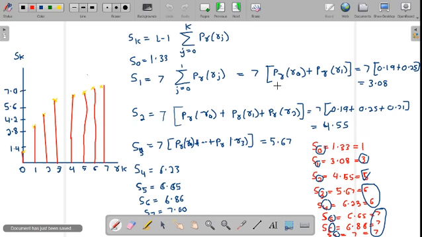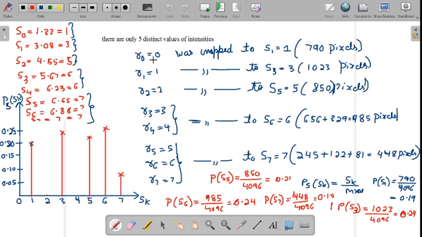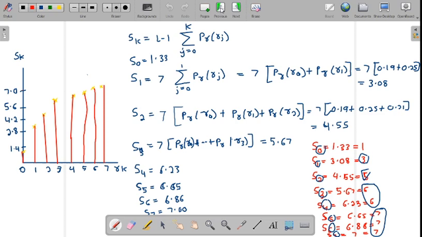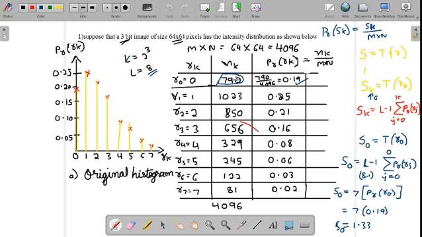Now we need to calculate for each. r0 equals 0 was mapped to 1. So r0 was actually containing how many pixels? 790 pixels.